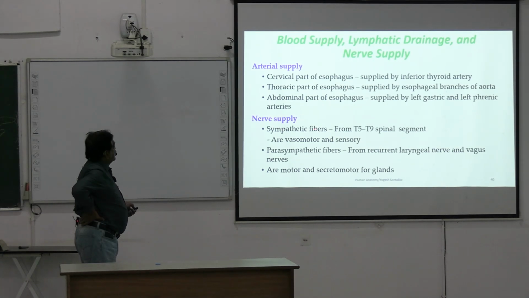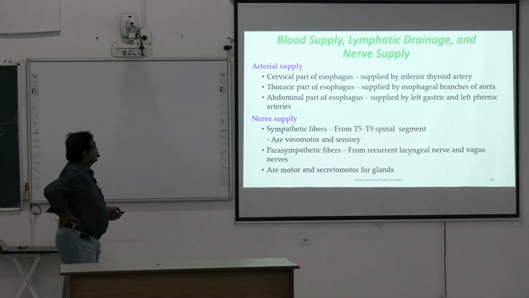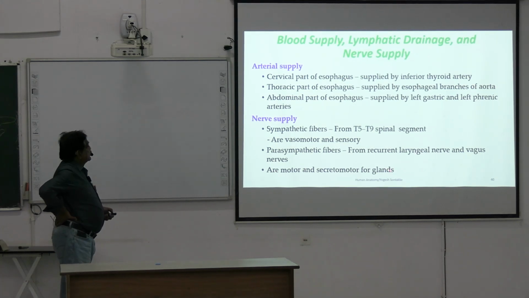Nerve supply: sympathetic fibers from T5 to T9 spinal segments are vasomotor and sensory. Parasympathetic fibers from the recurrent laryngeal nerve and vagus nerves are motor and secretomotor to glands.